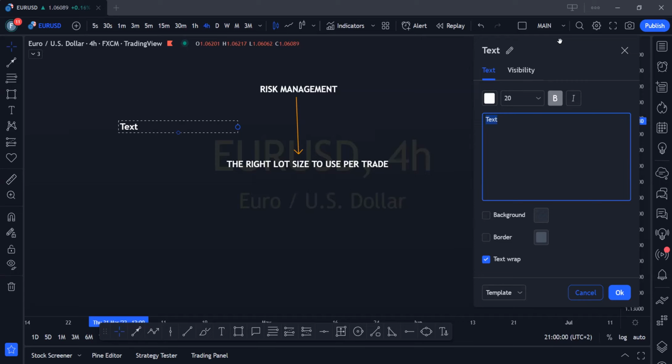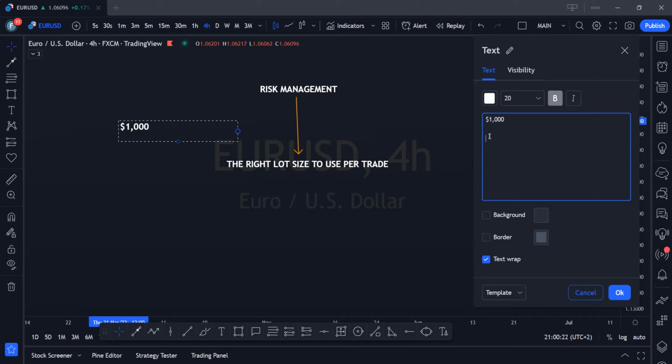So you want to know that in percentage. For every trade that you take, let's say you have a capital of $1,000. On a trade that you are taking, how much of this capital are you risking on that particular trade?